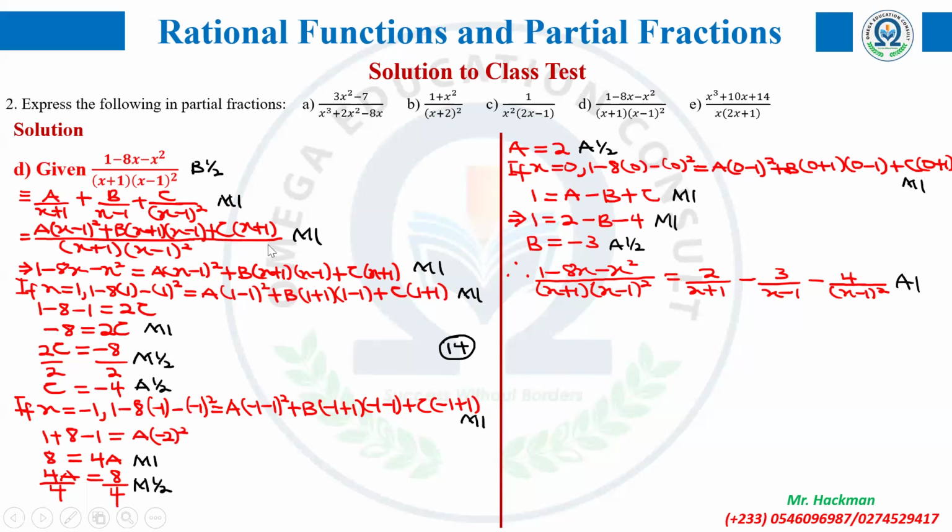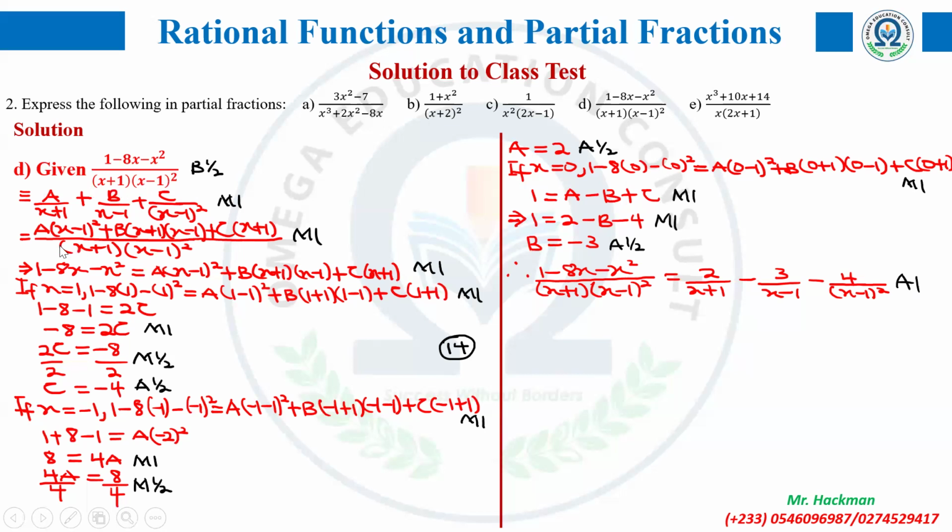At this point, take the single fraction, then equate the numerators. That is what you have here. I've told you that the LCM will always be the same as the non-factorable factors that came directly from the question.